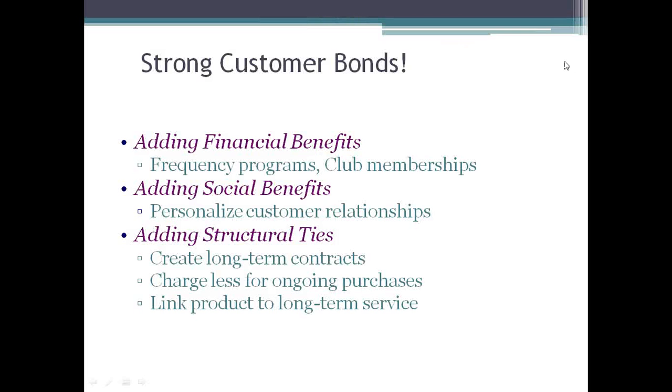And then, of course, adding structural ties. This has long been proven as a way to bind customers to you, and that includes long-term contracts, charging less for ongoing purchases, and of course linking the product to a long-term service contract of some kind.